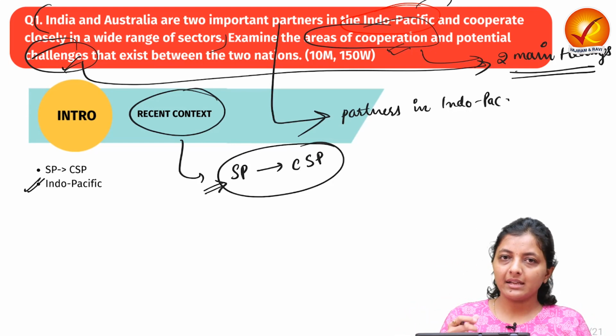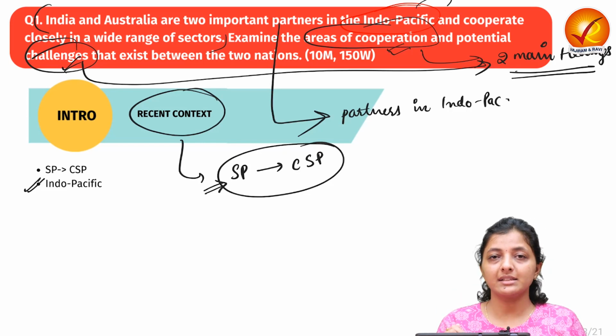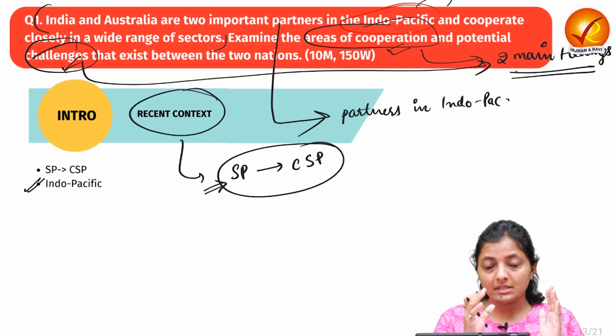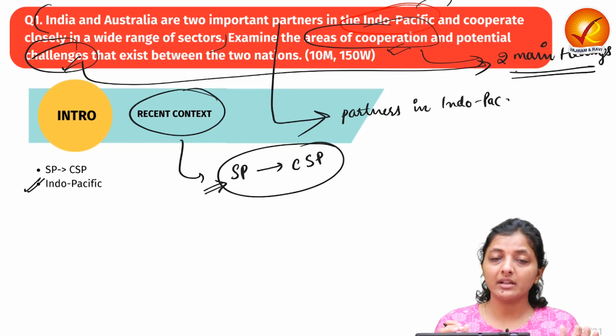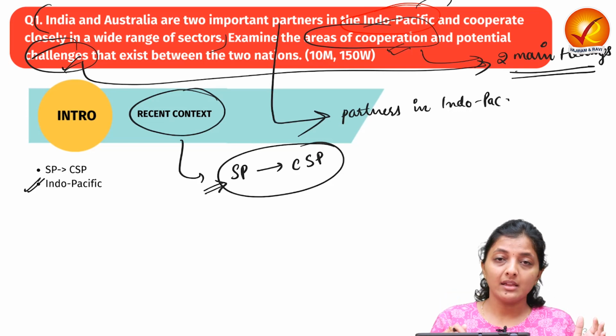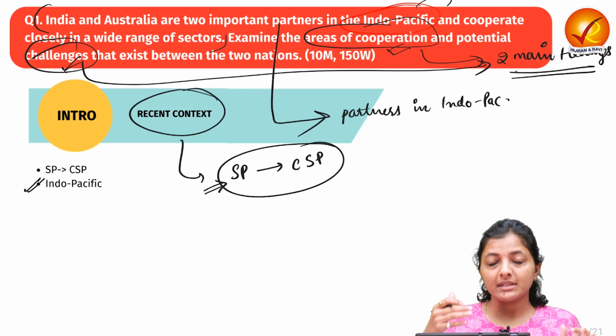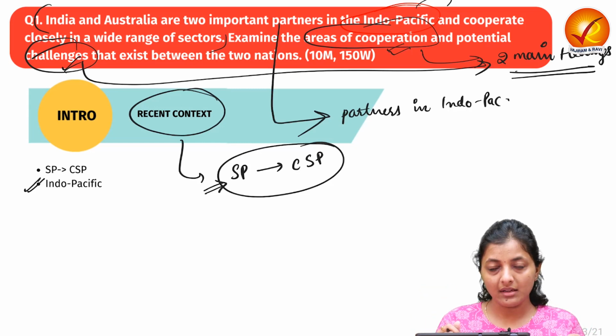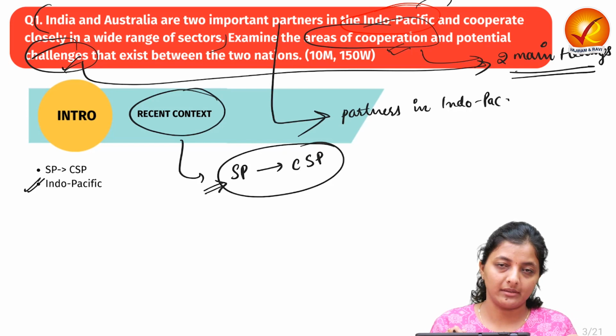Next you can write some background on why these relations are getting enhanced. In recent times, India and Australia have significantly strengthened their bilateral relations. This was mainly driven by their shared commitment to a free and open Indo-Pacific. Why? Because of China's rising presence in the Indo-Pacific region and the challenges posed by it.